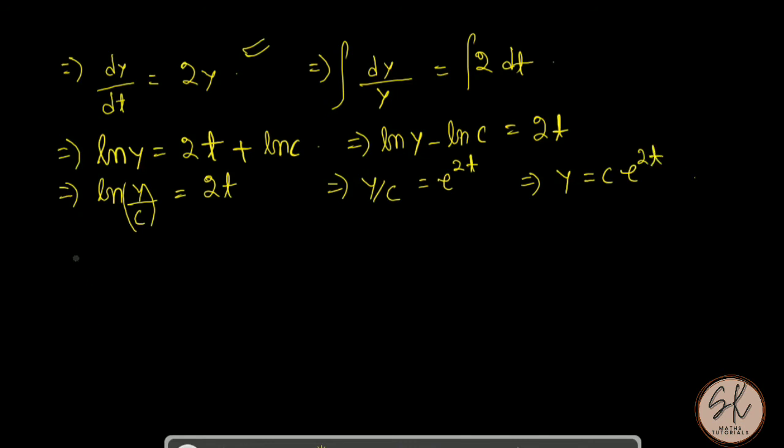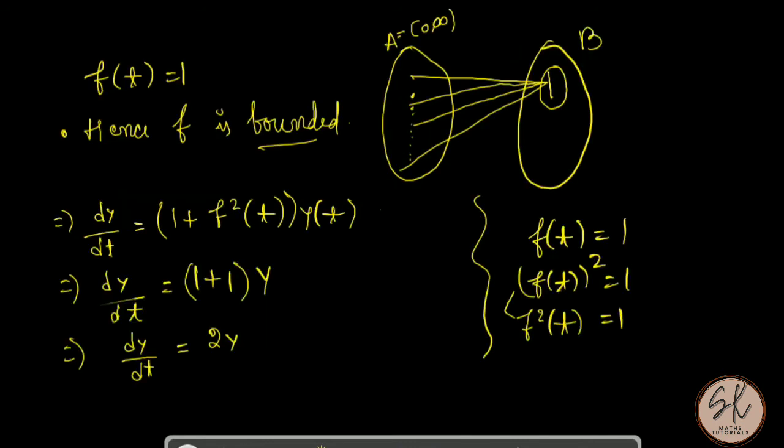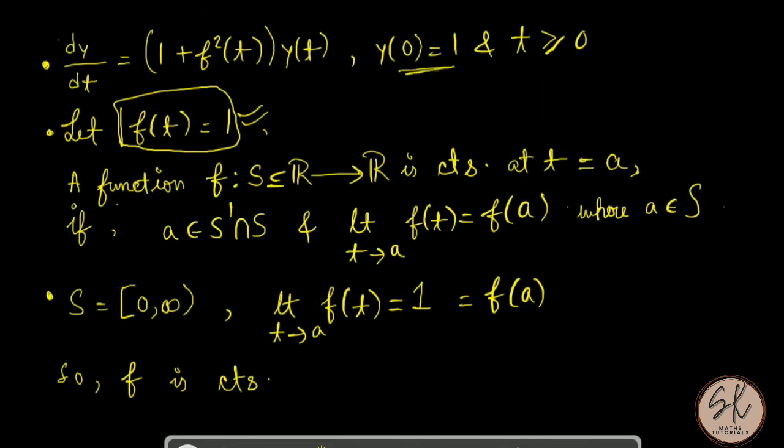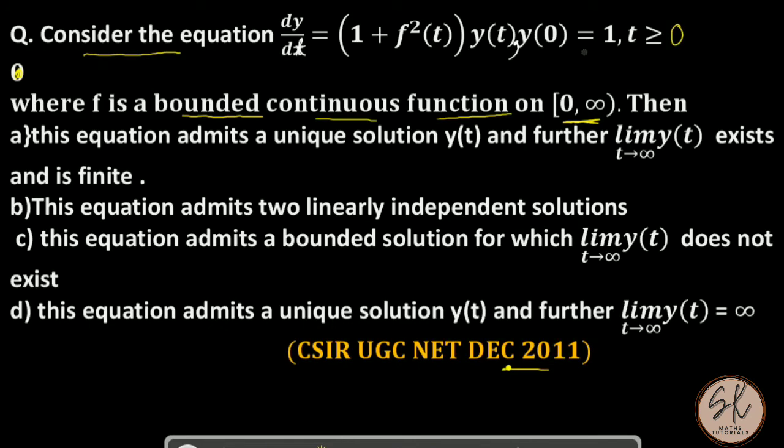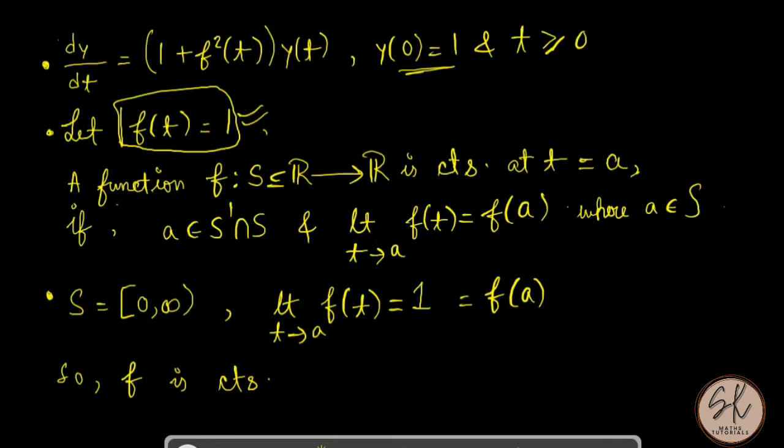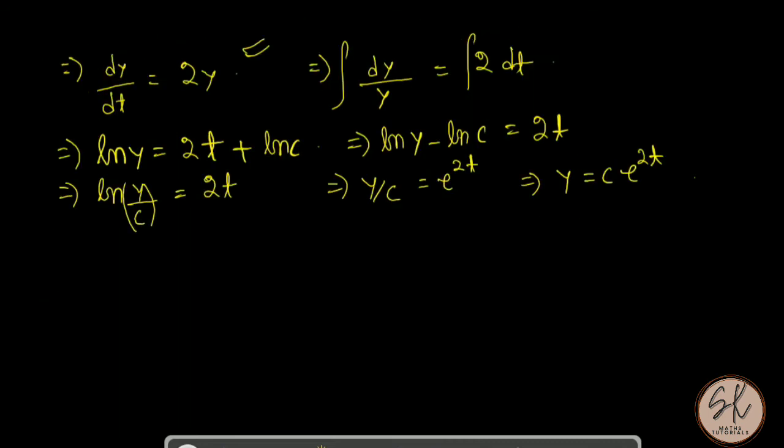Now see, in the question we are given the condition y(0) = 1. So we will use this to find c. It's given that y(0) = 1, and this equation is y(t) = c e^(2t).